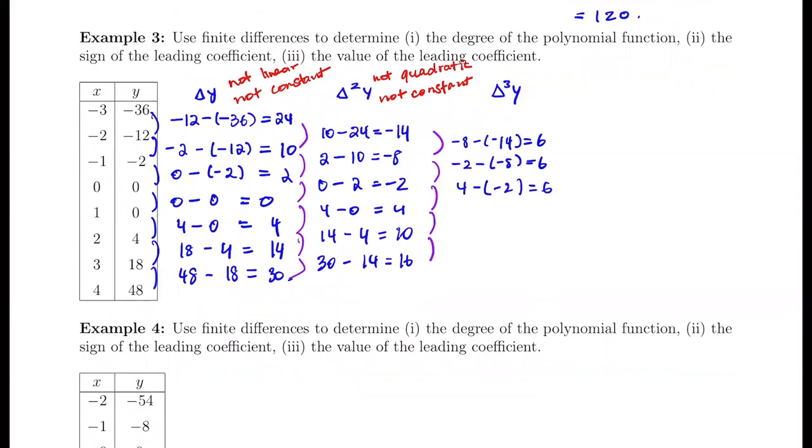We have 10 minus 4, which is 6, and then 16 minus 10, which is 6. Well, look at that. We have 6 in each of these. So that means it's going to be a cubic function, because the third differences are all constant.